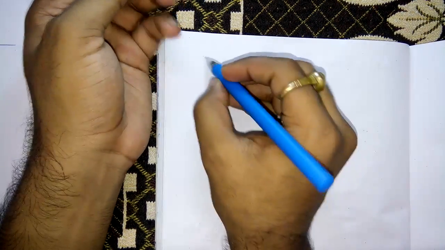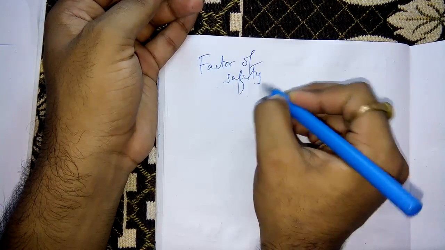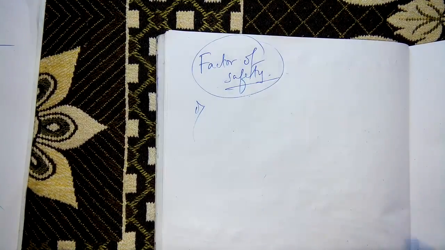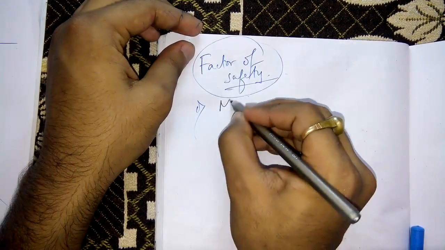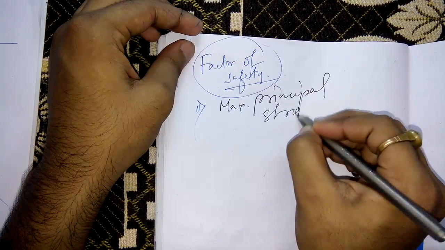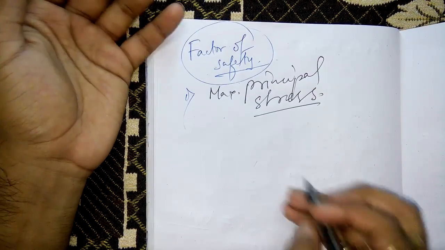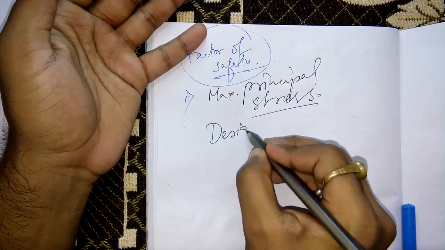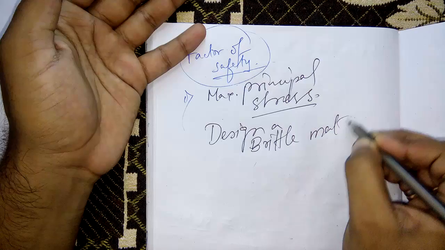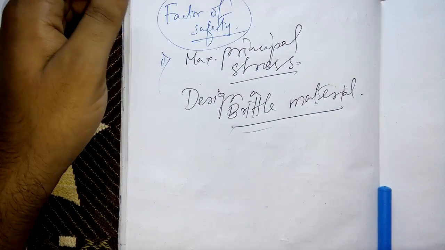Okay. Now I have not told you about factor of safety. Let me explain this with the help of the maximum principal stress theory. For example, you are going to design a brittle material.